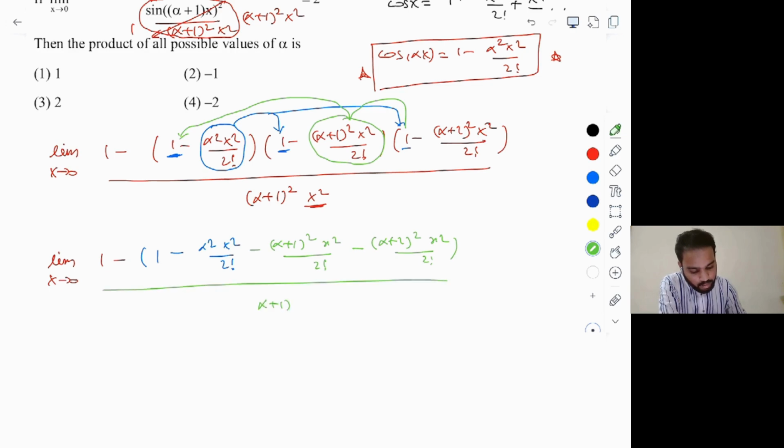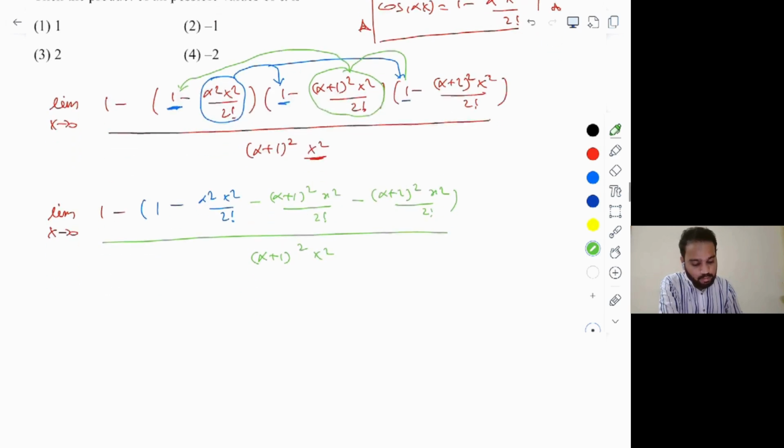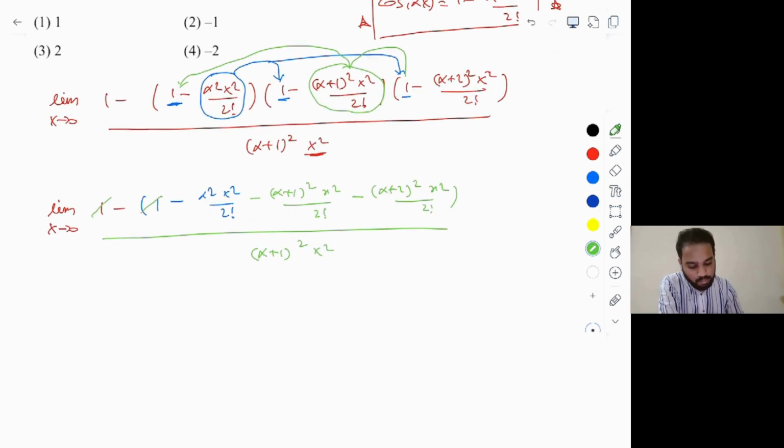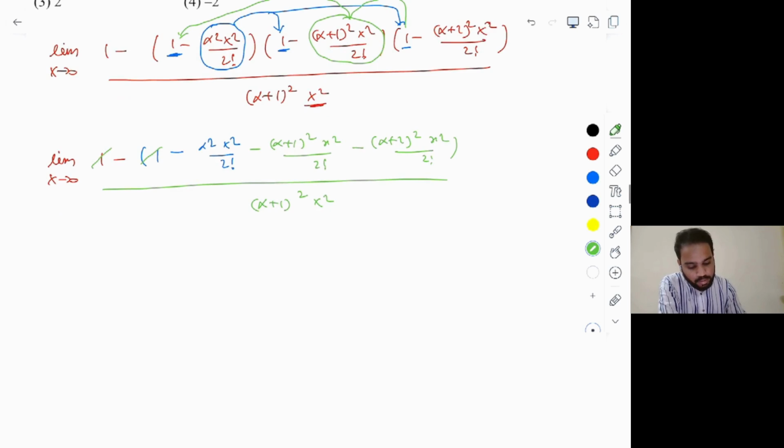And the whole is divided by (alpha plus 1) whole square into x square. The main advantage is that plus 1 minus 1 gets cancelled, and also x square can be cancelled in both numerator and denominator. If you look at the remaining part, the limit x tends to 0 is: minus of minus becomes plus, alpha square by 2 factorial plus (alpha plus 1) whole square by 2 factorial plus (alpha plus 2) whole square by 2 factorial, and the whole divided by (alpha plus 1) whole square.